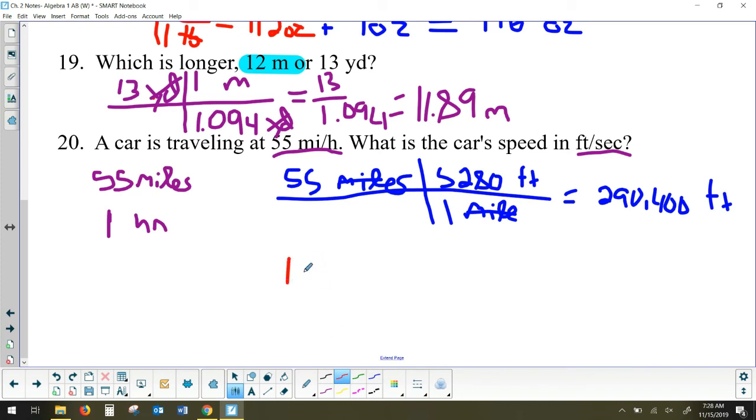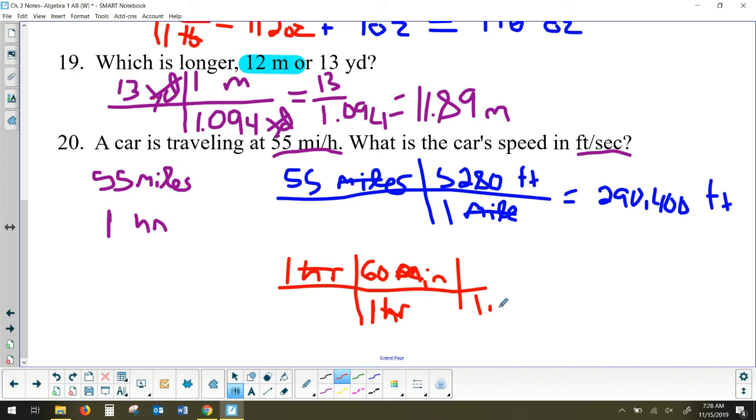Now we have 1 hour. We need to get it to seconds. Oops, 1 hour is 60 minutes. 1 minute is 60 seconds.